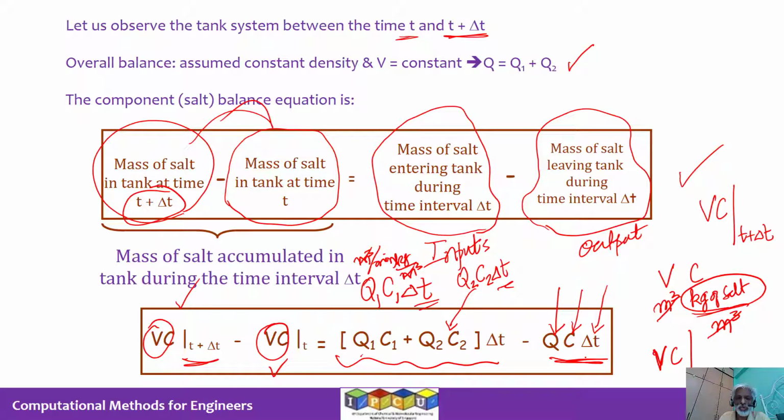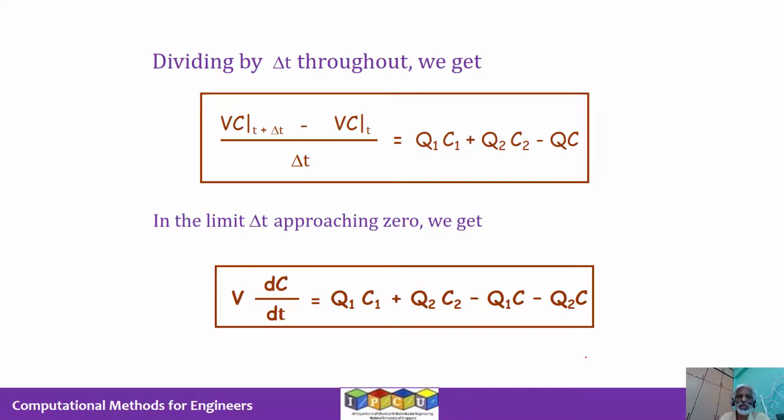Now, as usual, we will divide throughout by delta T. When we do that, we get V times C at T plus delta T minus V times C at time T, divided by delta T, is going to be Q1 C1 plus Q2 C2 minus Q times C. And in the limit that delta T approaches 0, the left-hand side will reduce to d by dt of V times C, using the basic definition in calculus.